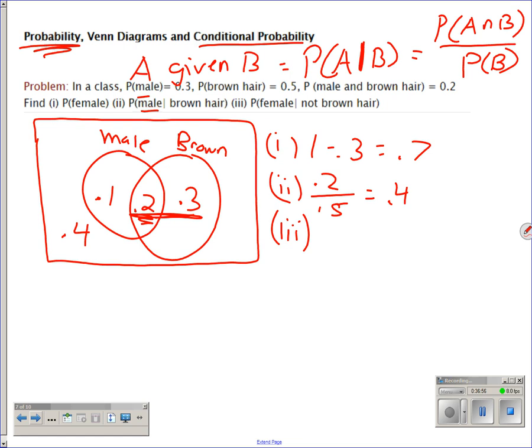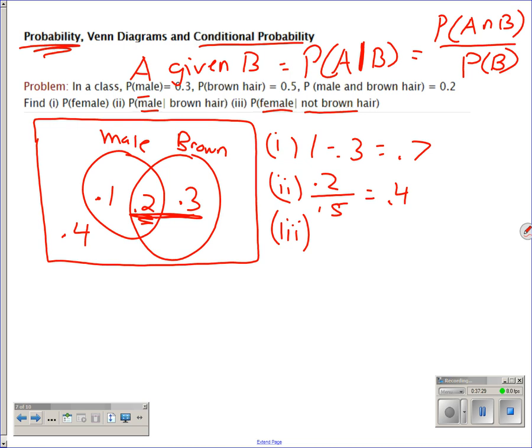This last one always kind of is fun. The probability of being a female given that we do not have brown hair. So first, I need to figure out the probability of both. What is the probability of being both female and not having brown hair? 0.4, right? Here's the probability of being male and having brown hair, and right there is 0.6.